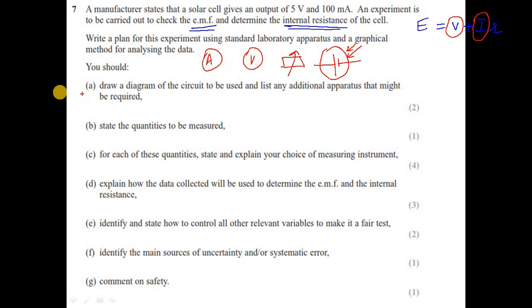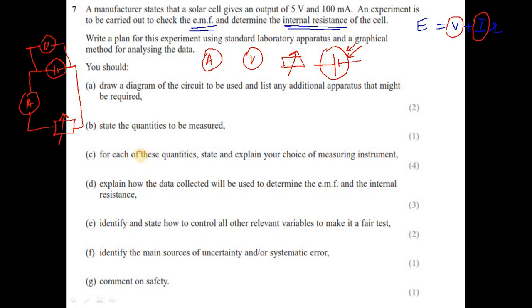So you can start your circuit with a solar cell, connected with the ammeter, and then the ammeter is connected with a variable resistor, and then make a closed loop or series, and then the voltmeter is connected in parallel to the solar cell.